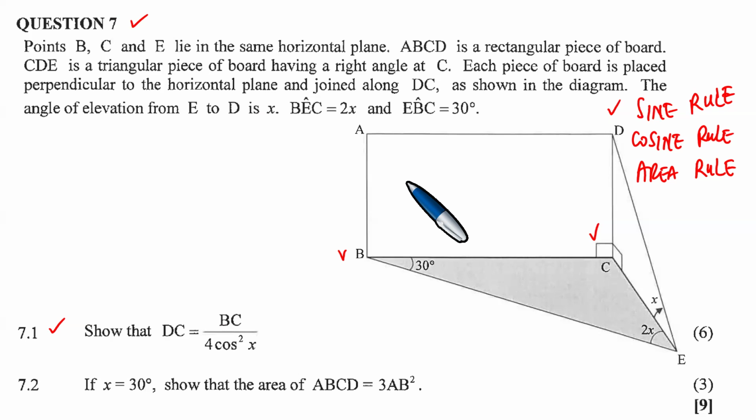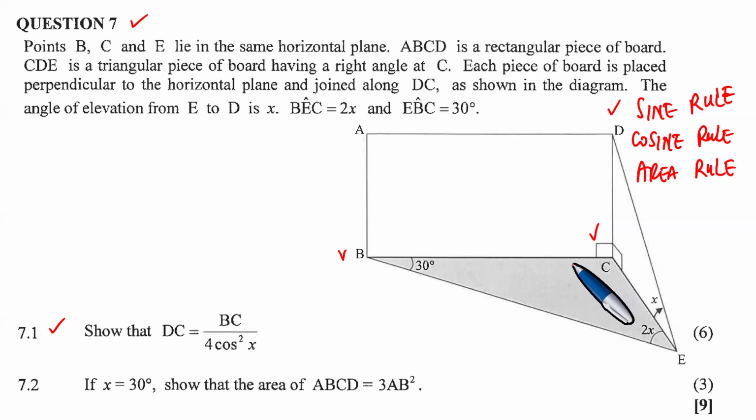So now we continue. Okay. We can decide to work in this triangle here. Right, working in this triangle, we can be in a position to get what we want. We can be in a position to get, for example, the BC.